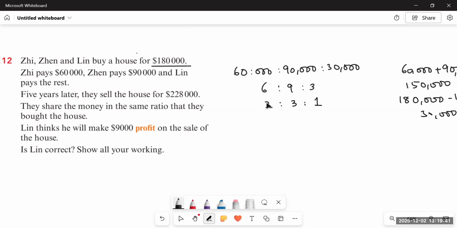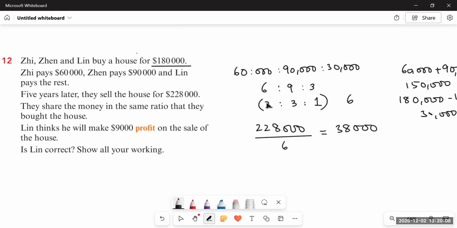Now, after 5 years, when they sell the house for $228,000, they are sharing the money in the same ratio that they bought the house. So what are we supposed to do? We will find out the total of the ratios, which is 6. Now we will divide 228,000 by 6, the total amount by the sum of ratios first, which gives us 38,000.